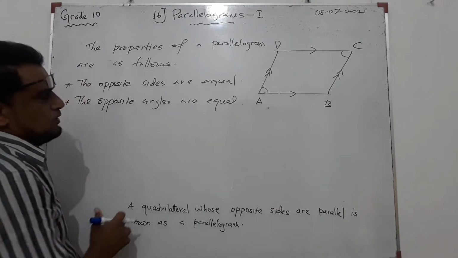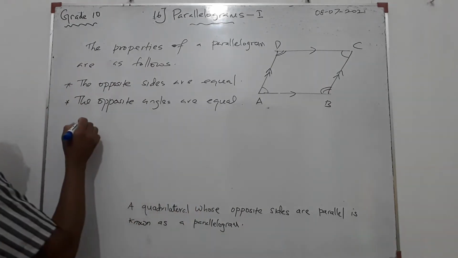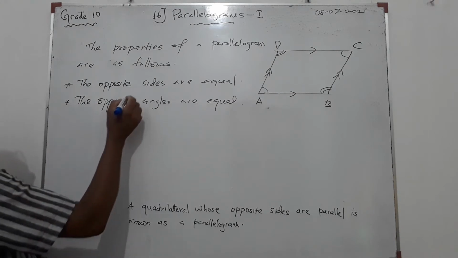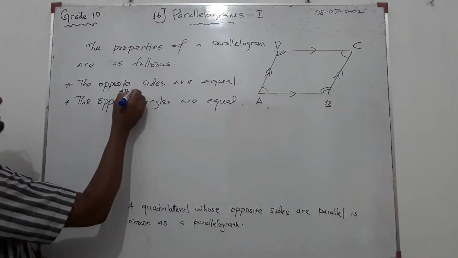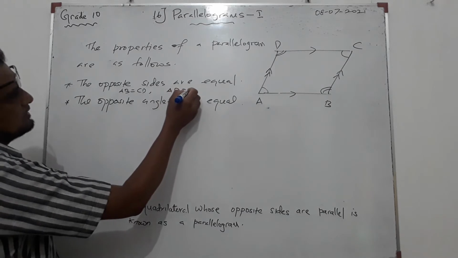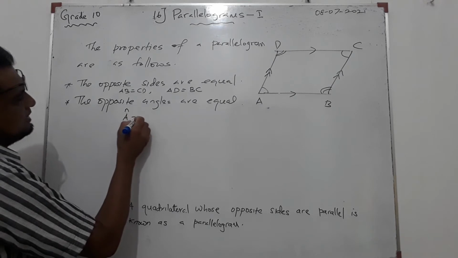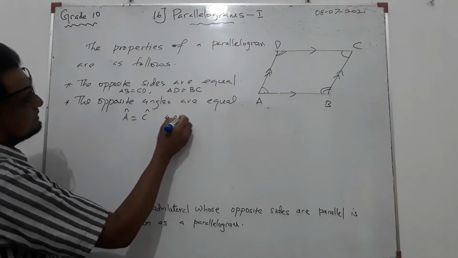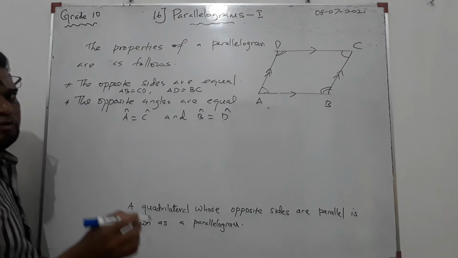This is very clear to you all. Similarly, you can do the same for this angle. Opposite angles are equal. Opposite sides are equal: that means AB equals CD, then AD equals BC. Angle A equals angle C and angle B equals angle D. This is the conclusion. You can note it down.